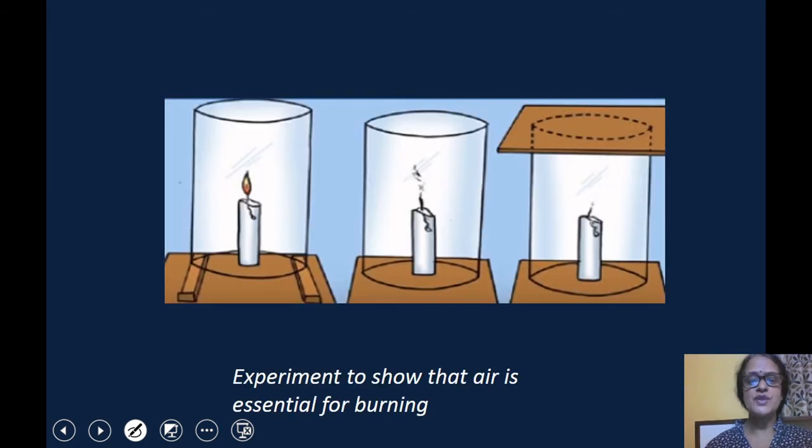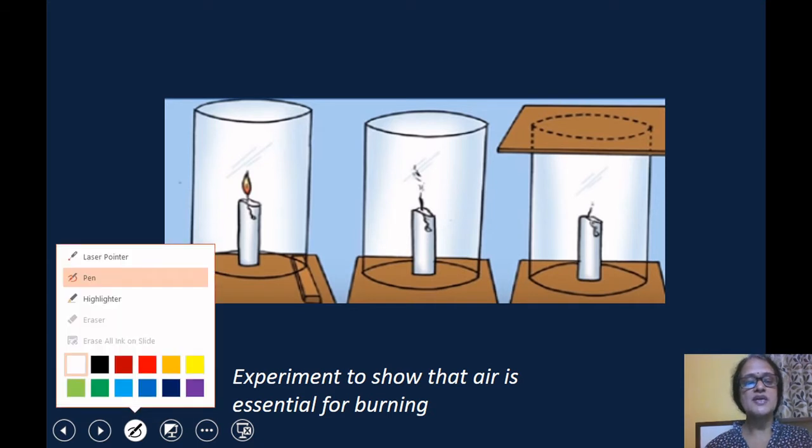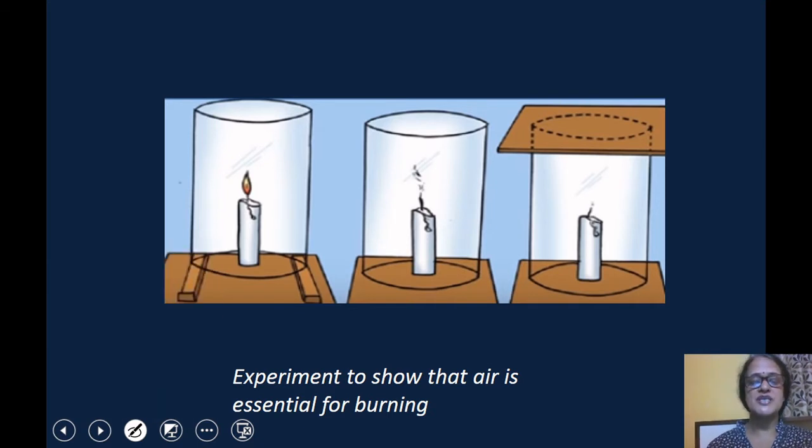So this is the first activity we will discuss here, to show that air is essential for the process of burning. Children, in this activity we have taken a burning candle. Here you can see the burning candle.